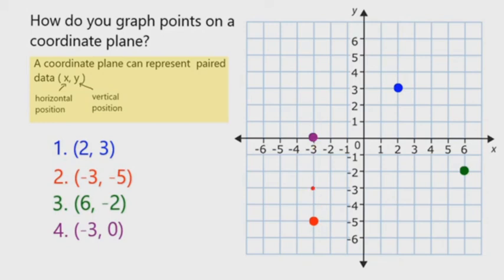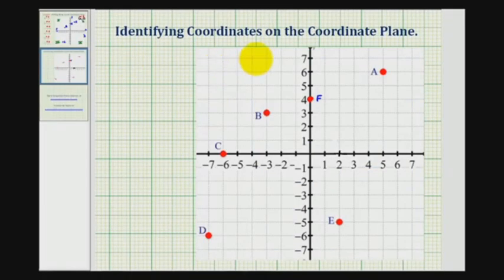For the second quadrant, the x is negative and the y is positive. Now, let's see how we can identify coordinates on the coordinate plane.